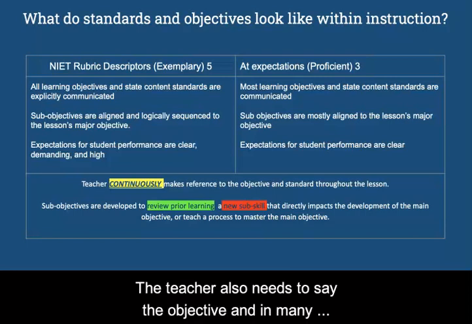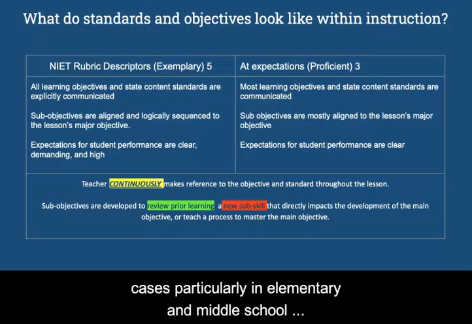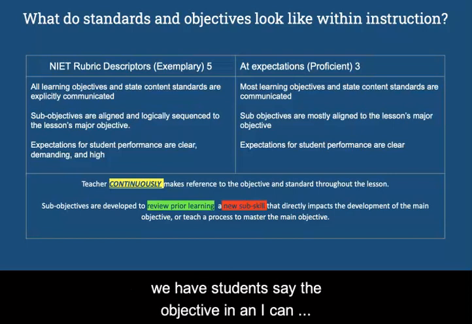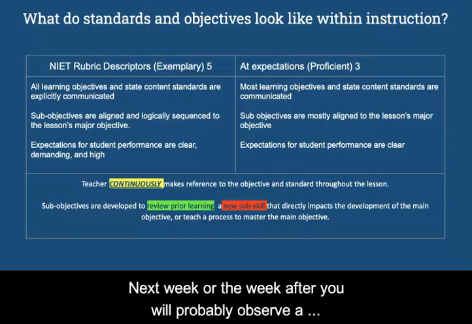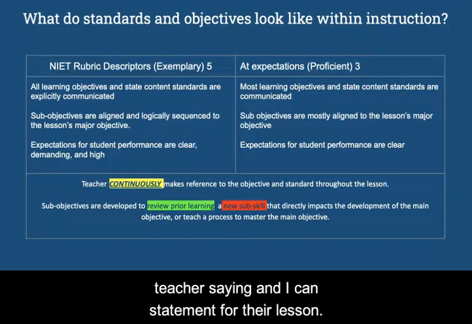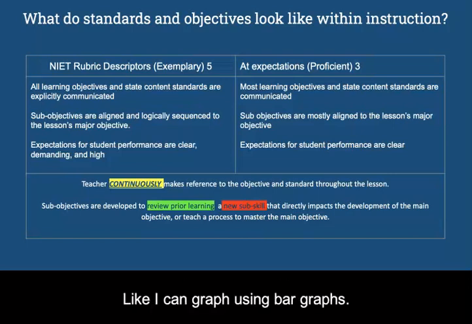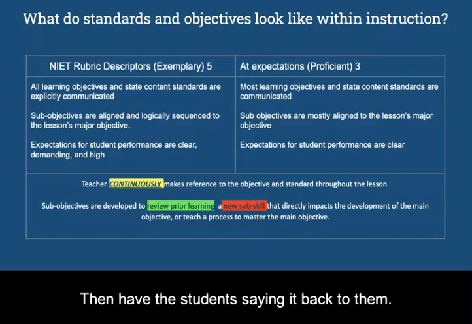The teacher also needs to say the objective, and in many cases, particularly in elementary and middle school, we have students say the objective in an I can statement. When you go out and observe next week or the week after, you will probably observe a teacher saying an I can statement for their lesson, like I can graph using bar graphs, and then have the students saying it back to them.